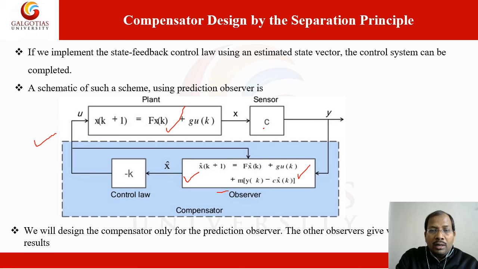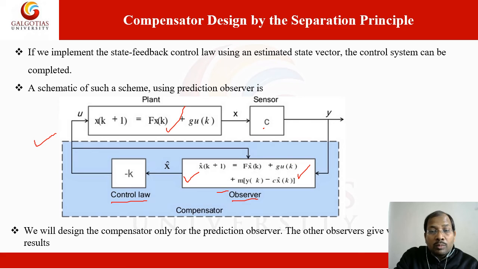They are not dependent on each other, but we have to make a difference between observer and controller, because the observer output is given to the controller. So the observer response must be much faster compared to the controller.